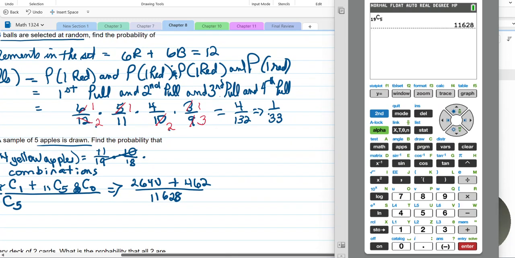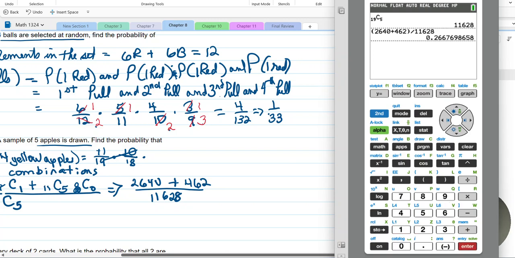So we're going to have 2640 plus 462 in parentheses divided by 11,628, and I get a decimal.